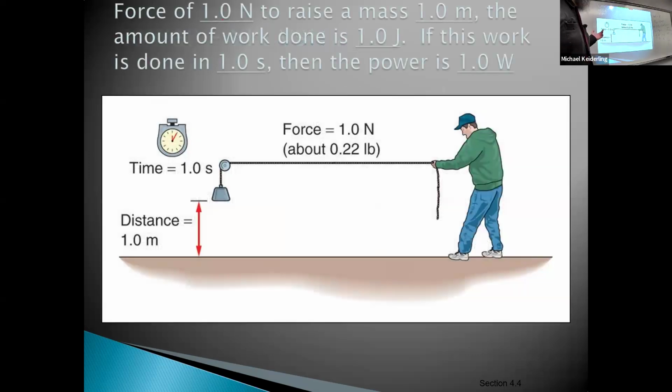So if you use a force of 1 Newton to raise a mass a distance of 1 meter, the amount of work done is 1 joule. And if this work is done in 1 second, then the power is 1 watt. The most likely place you'll see power ratings is on electrical devices. And that's how many joules per second they use.